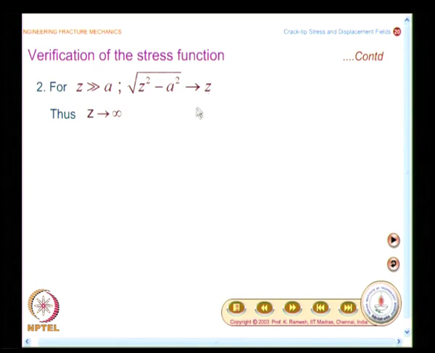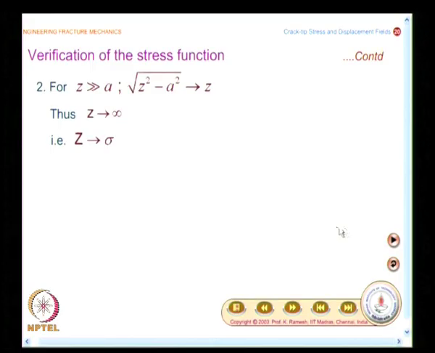That means the stress function becomes just a number, sigma, it is constant, it is not a function of z. So, when it is not a function of z, Z prime is 0, because if you look at the expression for sigma x or sigma y, you need to know what is capital Z and what is capital Z prime. Now, we know all of them at infinity.